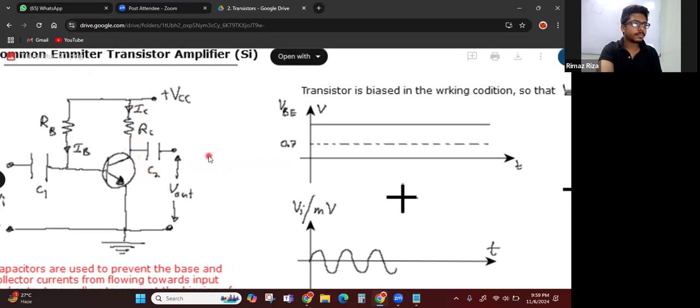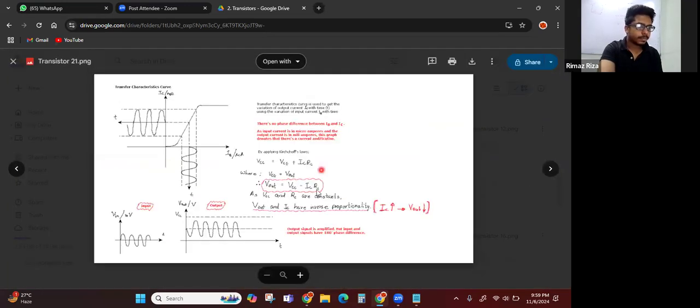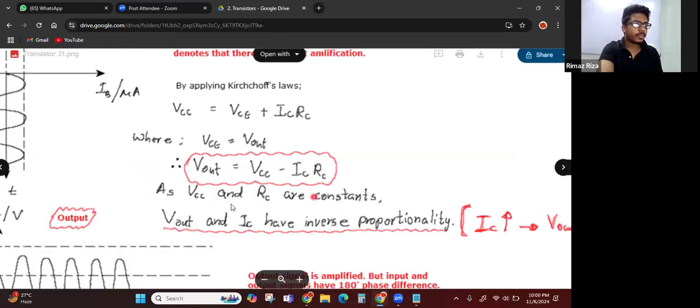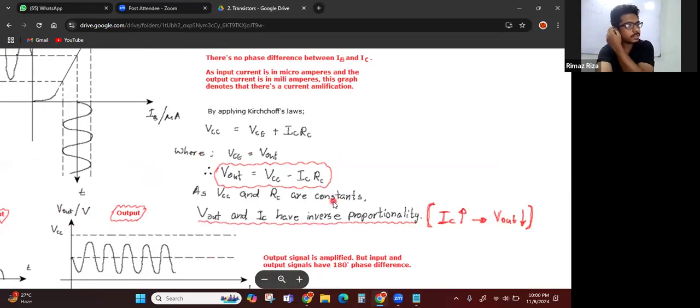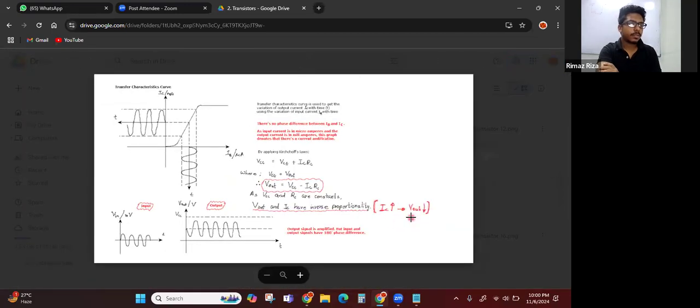Okay. As VCC and RC are constant, Vout and IC have inverse proportions. Okay, because it's minus, right? IC minus IC. So if IC increases, Vout decreases.